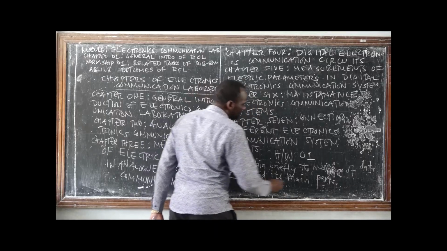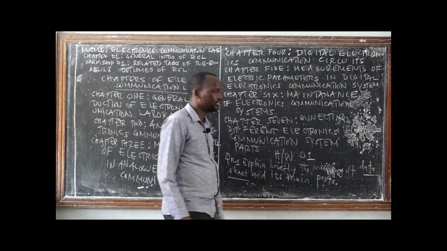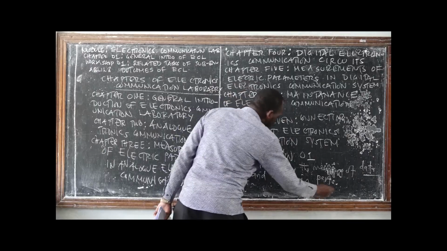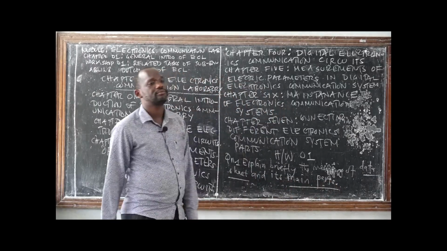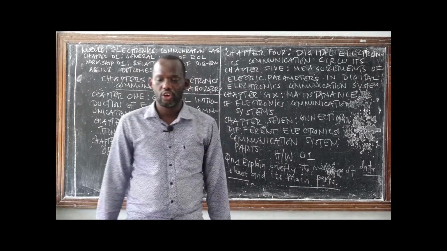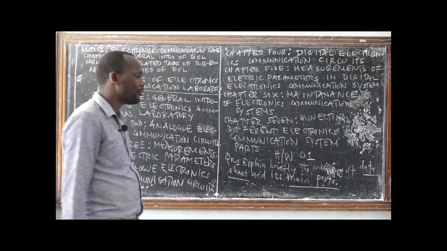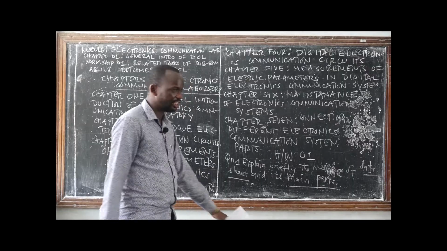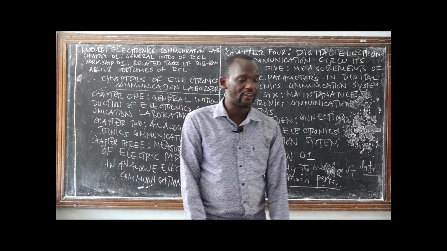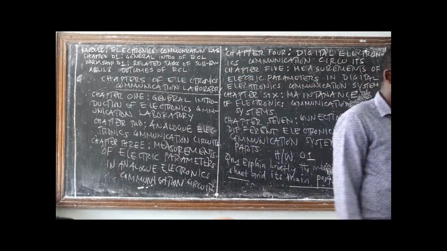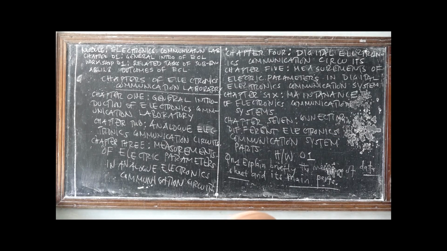Class, say data sheet. Most electronics data sheets have main parts. I won't tell you how many, just go and find. And then that will be our workshop 2.